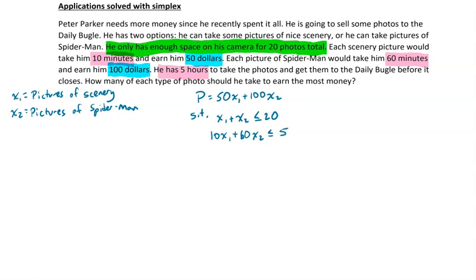But we can't put 5 here, because 10 minutes and 60 minutes is less than 5. Well, that wouldn't make sense. Since the 10 and 60 were in minutes, we need to put the 5 hours in minutes as well. So just multiply it by 60 and we get 300 minutes.